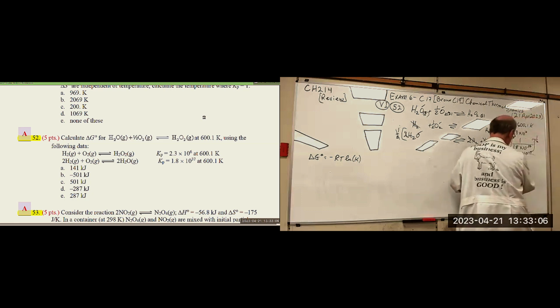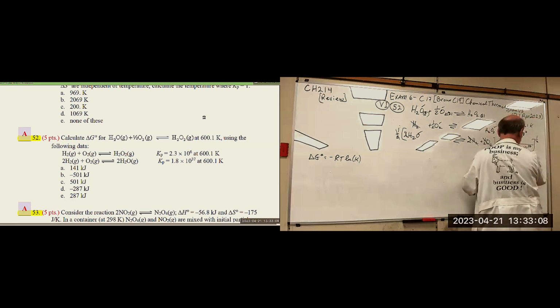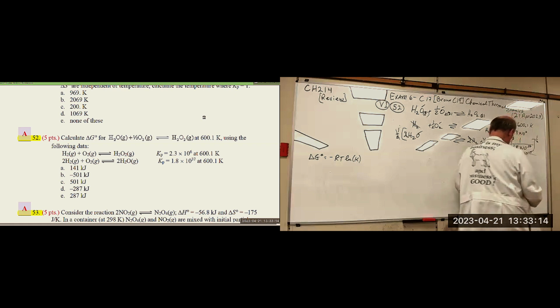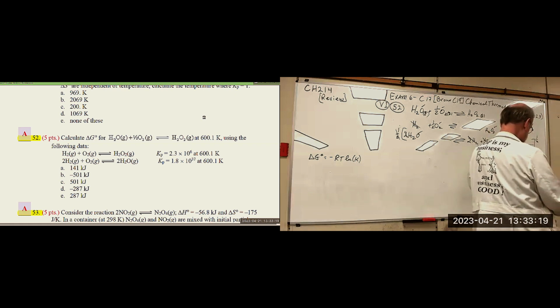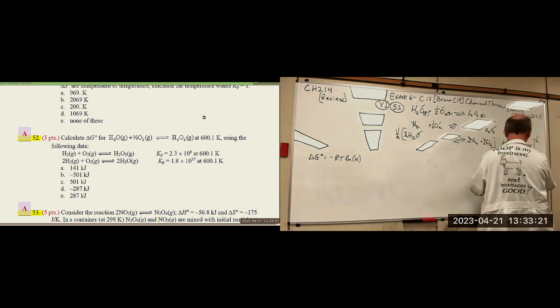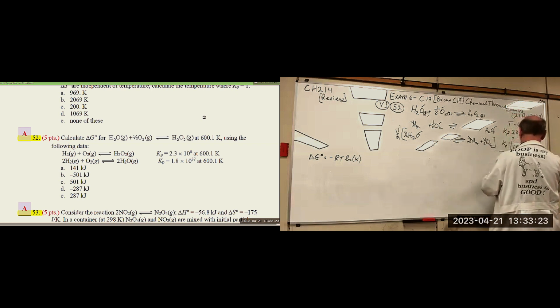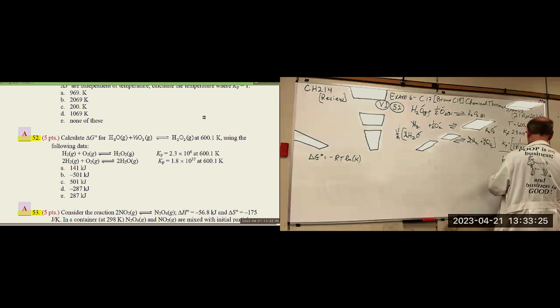And what does this K equal? It equals that K here and times this K. 2.3 exponent 6 times. Okay, so this is 5.42 times 10 to the minus 13.